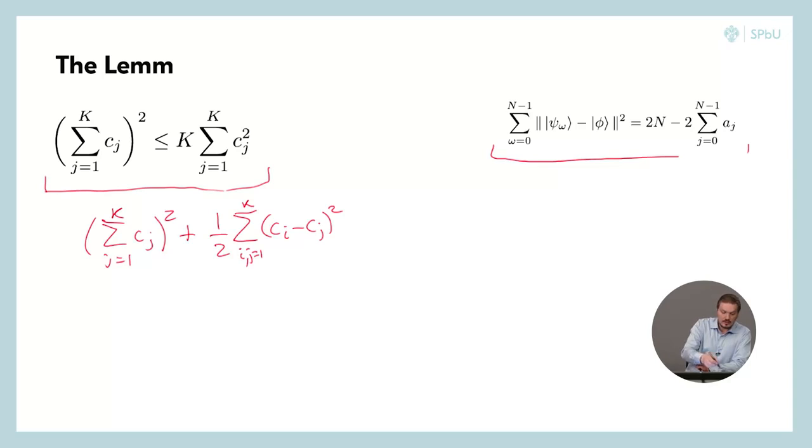So we see that the left part of the inequality is here, and here is some positive number. And we are going to decompose this.